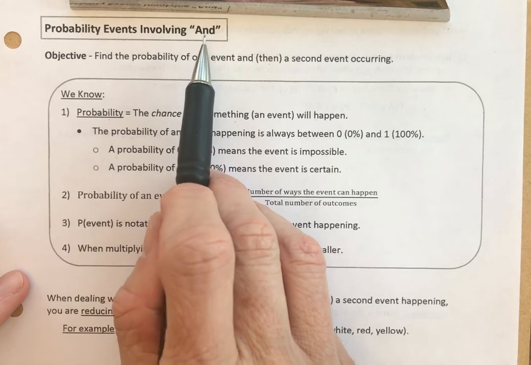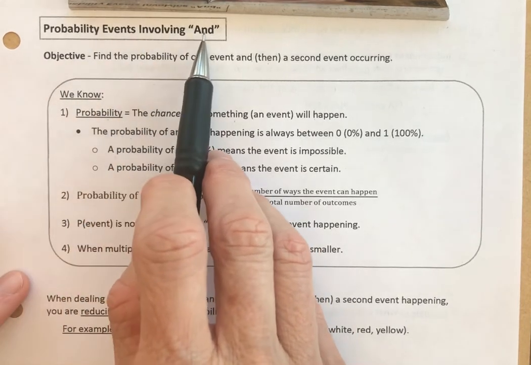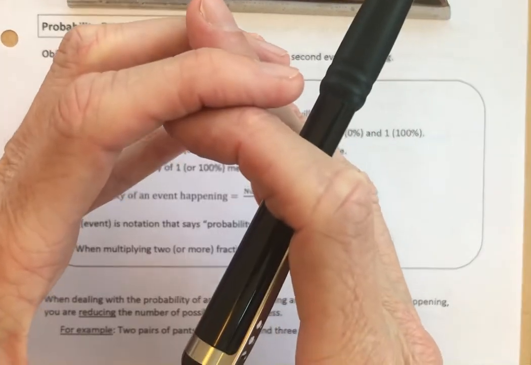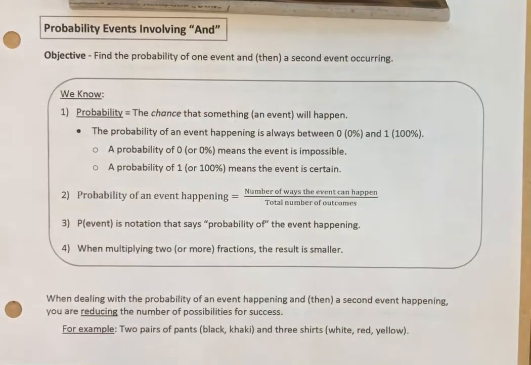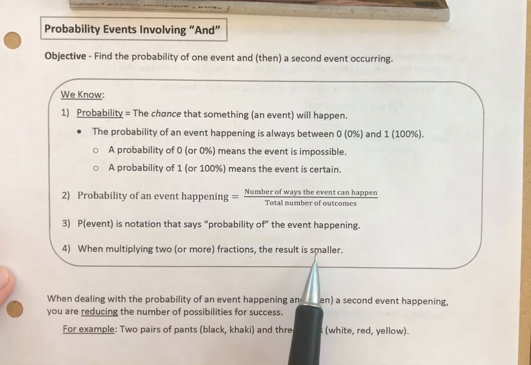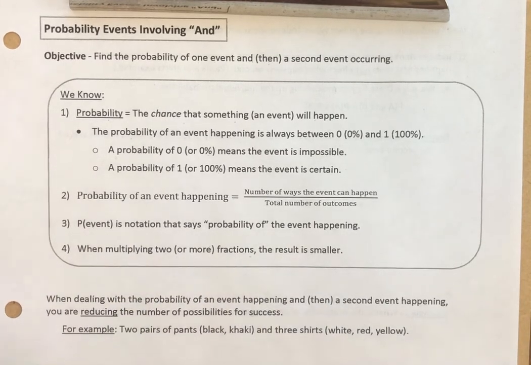As we look in this video at probability events that involve the word "and," we are shrinking the chance of it happening. Okay, it's going to be a smaller possibility that it happens together than if they happen individually, and multiplying those fractions results in a smaller fraction.